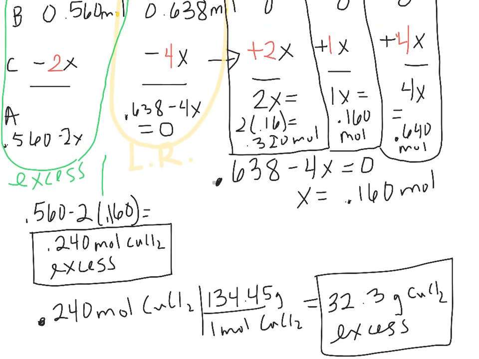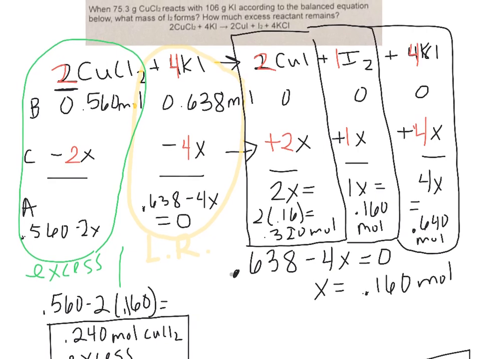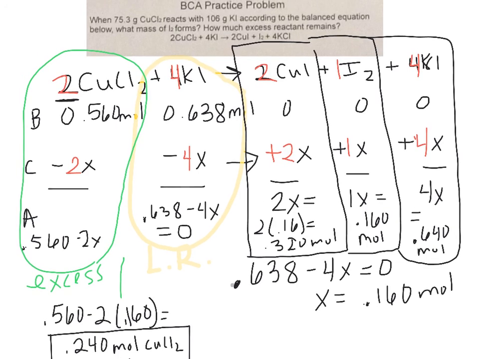What's nice about a BCA chart, if I just bring it back up here, is really any stoichiometry problem one could ask you about, you can answer now. You're going to be able to claim that KI was limiting. There is nothing left after the reaction takes place. You could look at any one of the 3 products. In fact, if they asked you for all 3, simply take the moles that you've determined afterwards and convert to grams.